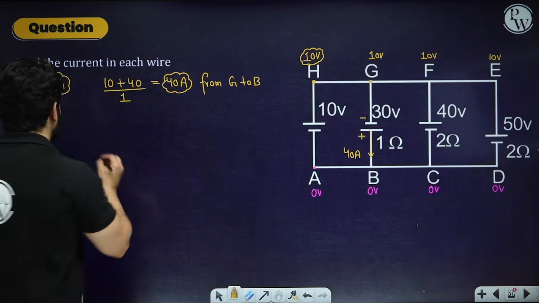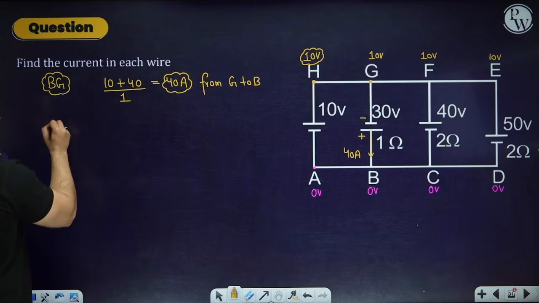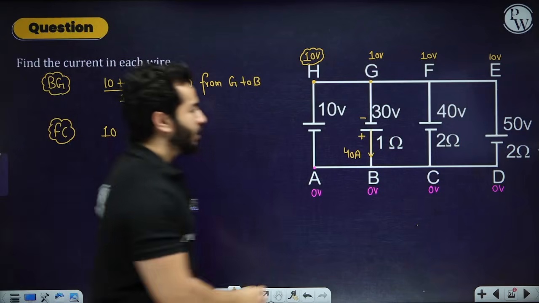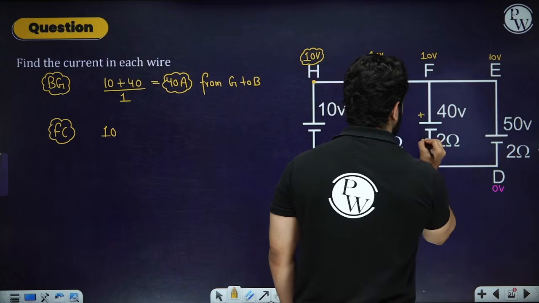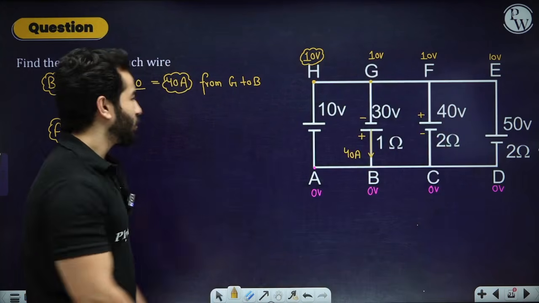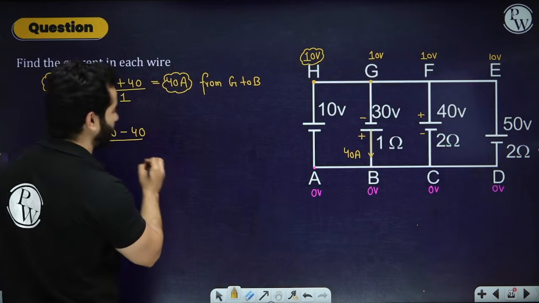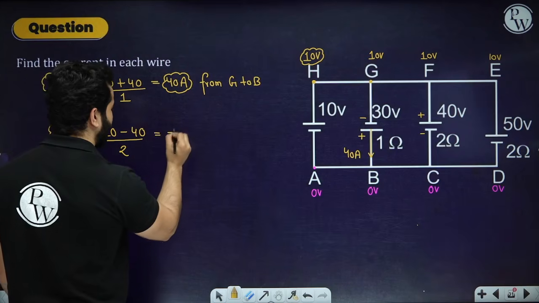Done. Let's do the same thing for the other ones as well, like for example FC. The point is at 10 volt. Then we move from positive plate to negative plate, and potential drop is of 40. So minus 40 divided by resistance of 2 ohm. That means minus 15 ampere.